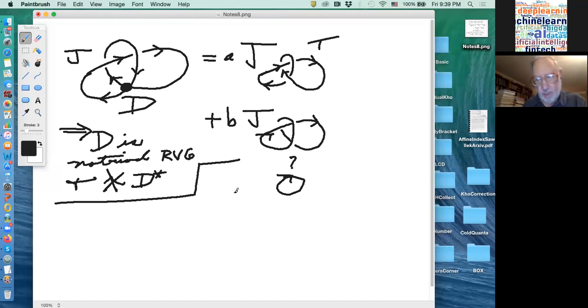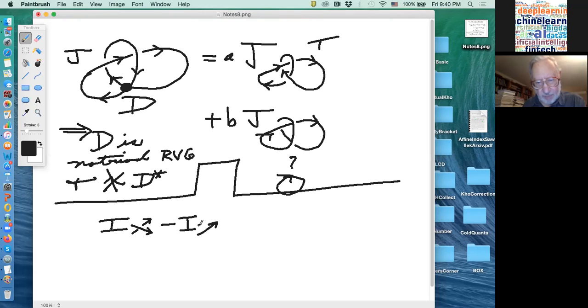So we can do lots of things with RVG graphs and their invariants. Now, the Vasiliev example, the Vasiliev situation, which we were talking about, is an example of such a thing. You're told that you have an invariant, and you're told that the difference between that invariant on positive and negative crossings is exactly equal to the value on the node.